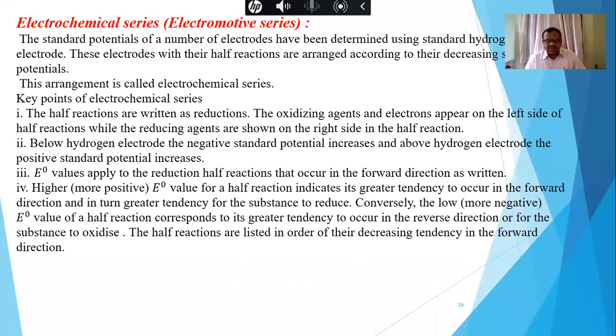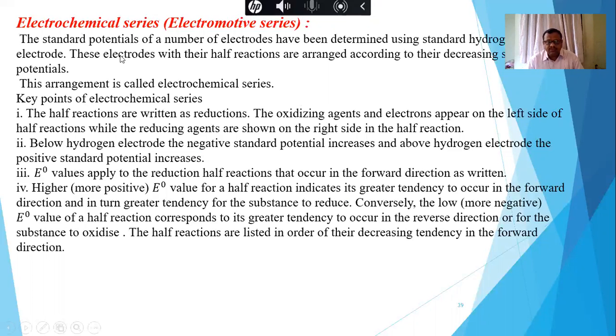In that, we discussed nickel cadmium cell and hydrogen oxygen electrode. Now, today we'll be discussing the electrochemical series.